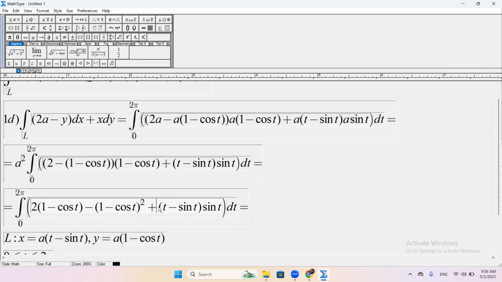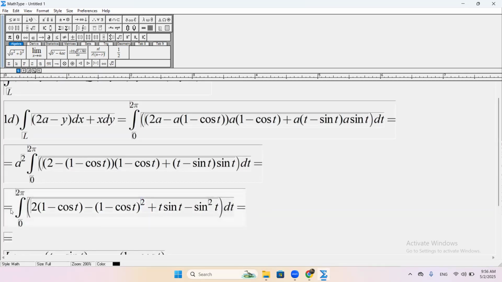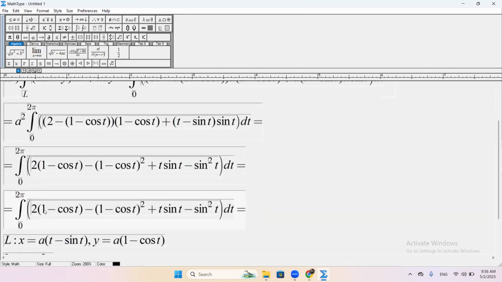And plus t sine of t minus sine square of t. Now let's continue expanding brackets. And you will see that this integral will be simplified. So 2 minus 2 cosine of t minus 1 plus 2 cosine of t and minus cosine square of t.